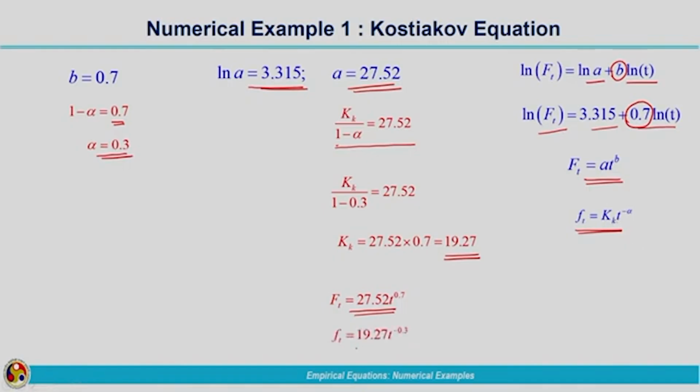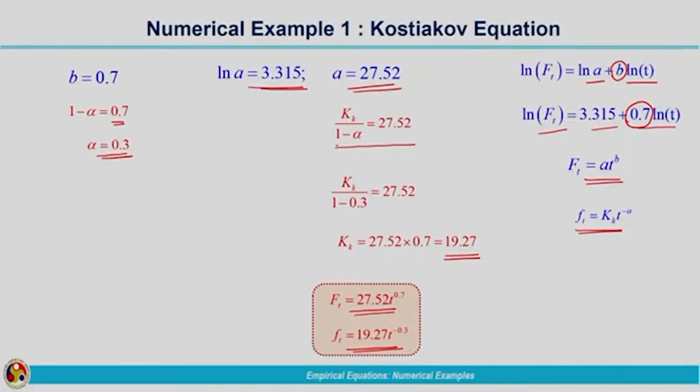That is taking the form 19.27 t to the power of minus 0.3. Now we can make use of these two equations corresponding to cumulative infiltration and infiltration rate for calculating the cumulative infiltration and infiltration rate at different times.